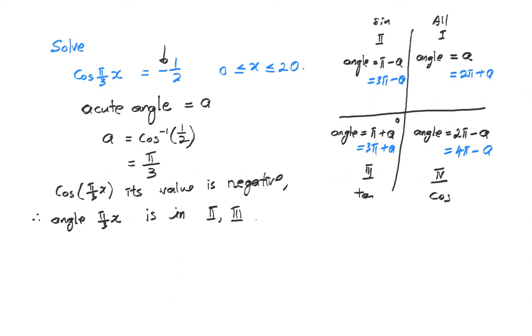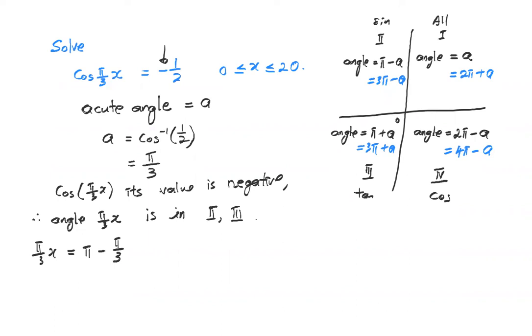Very tired. Okay? So therefore, now I start to calculate. My pi by 3x will be equal to second quadrant, pi minus the acute angle pi by 3.